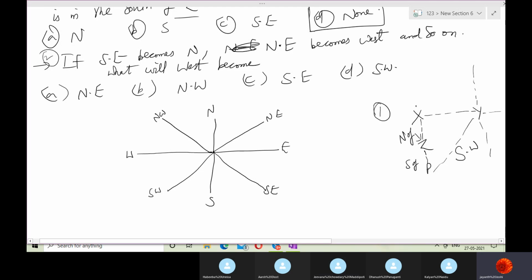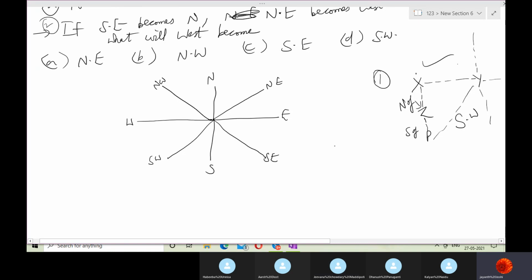Dhanush, did you understand this question? Yes, sir. Now what is happening, see, they are saying if southeast becomes north, so this has to become north, so we will draw a fresh diagram. We already know the diagram shape is this, and we'll try to frame.